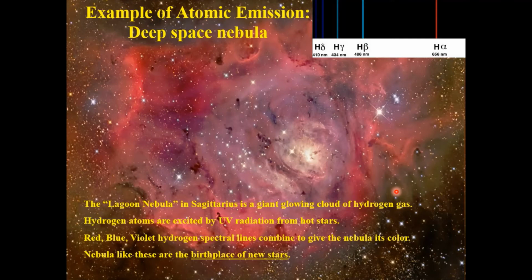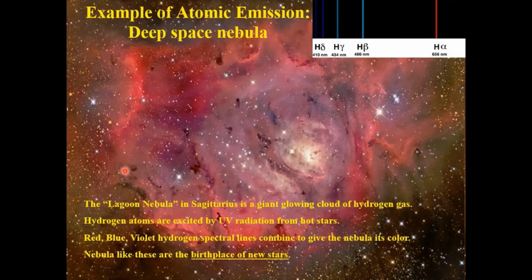And this is the spectrum of hydrogen here. Remember, there's a red line, a teal colored line, and then some blue and violet lines. And if you blend all of these colors together, which is what our eyes see without a spectrograph, then we see this purplish pink color from blending red and blue and violet colors all together.